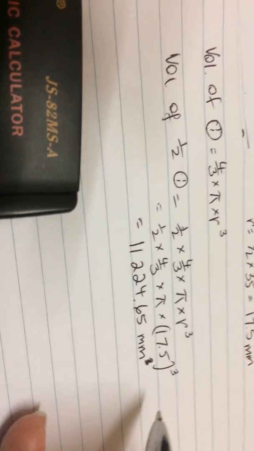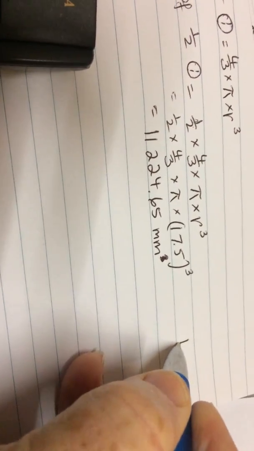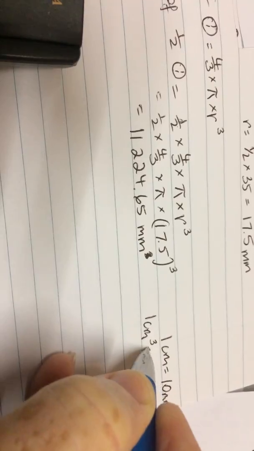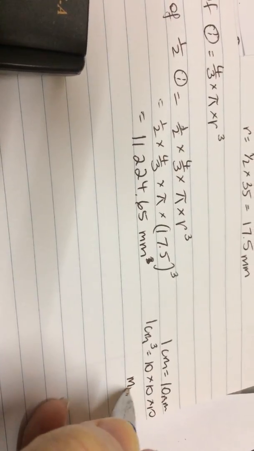Now if I'm going to change that to centimetres cubed, just an aside here, 1 centimetre equals 10 millimetres. Therefore, 1 centimetre cubed equals 10 times 10 times 10 millimetres cubed. Okay, I hope that makes sense.